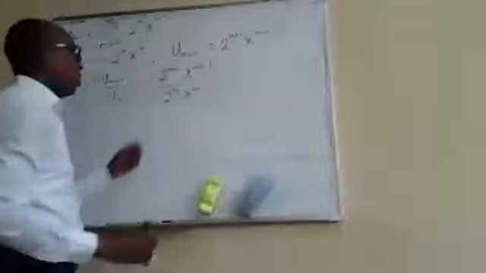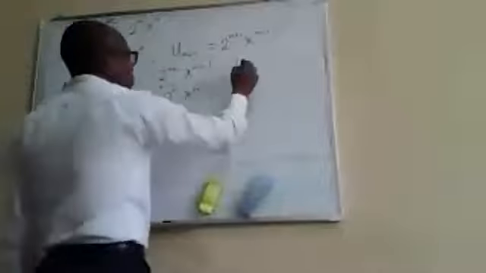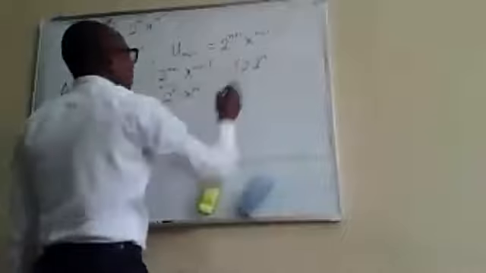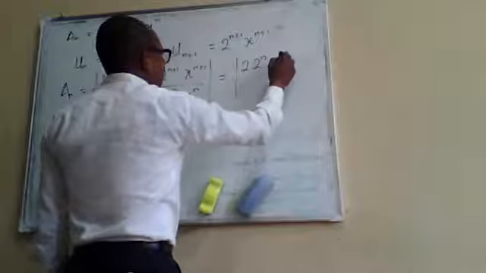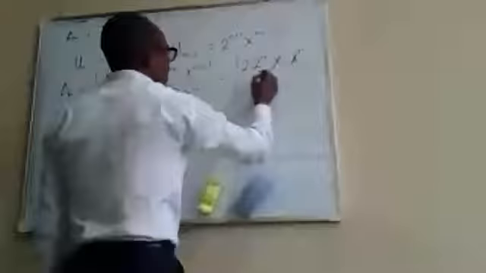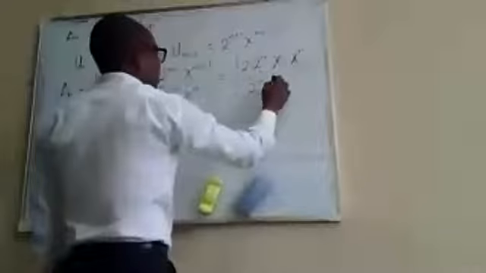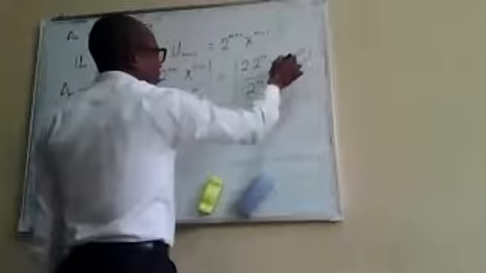I can further split this: 2 raised to the power n plus 1 can be written as 2 times 2 raised to the power n, and s raised to n plus 1 can be written as s times s raised to the power n, all over 2 raised to the power n s raised to the power n. From here, some things cancel out, so what we have is 2s.